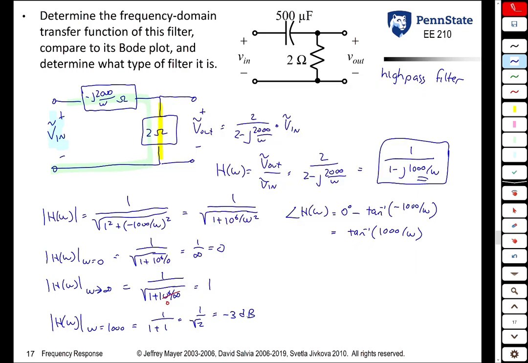Likewise, we look at the angle. The angle of H at a frequency of 0 is what? What is the inverse tangent of infinity? Remember, inverse tangent says what angle gives you that slope. What angle gives you a slope of infinity? 90 degrees.